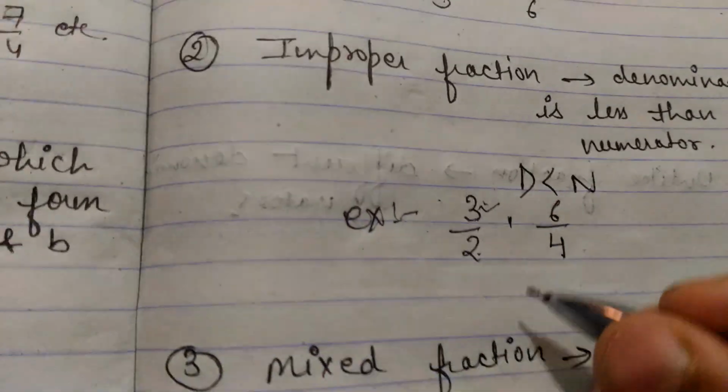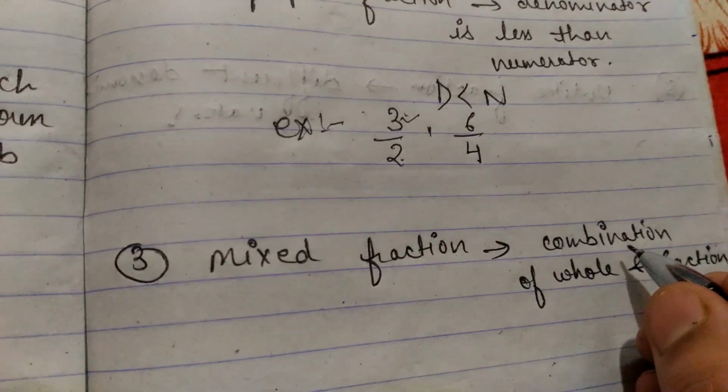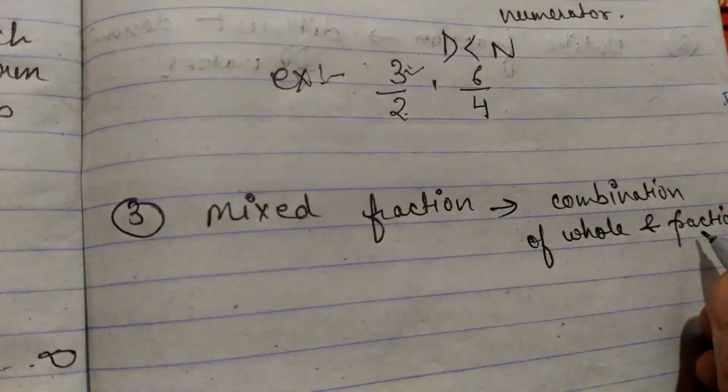And third is mixed fraction. Mixed fractions are the combination of a whole and a fraction.